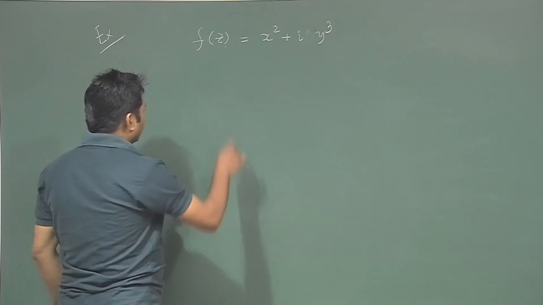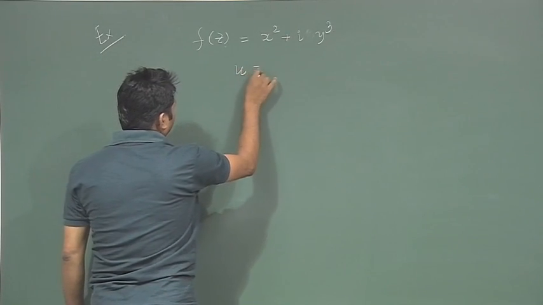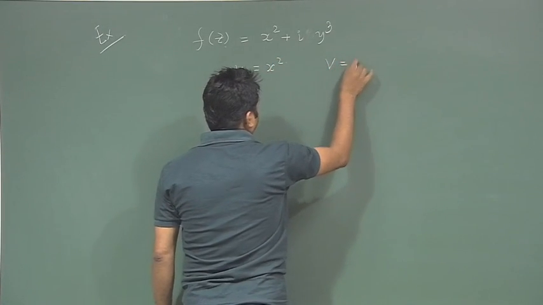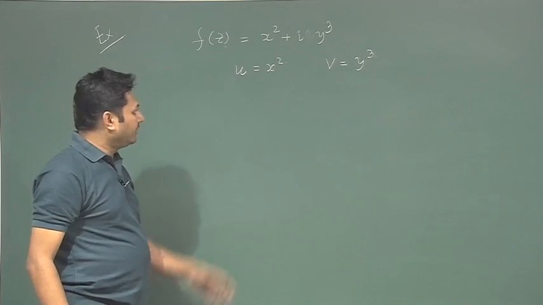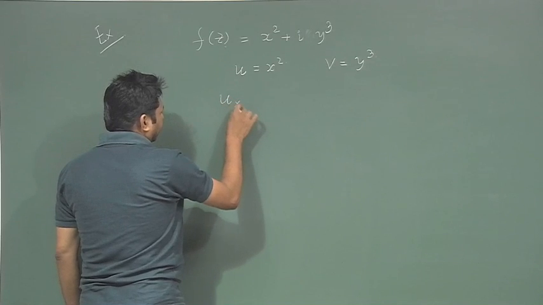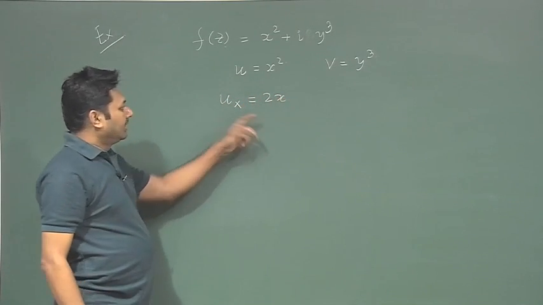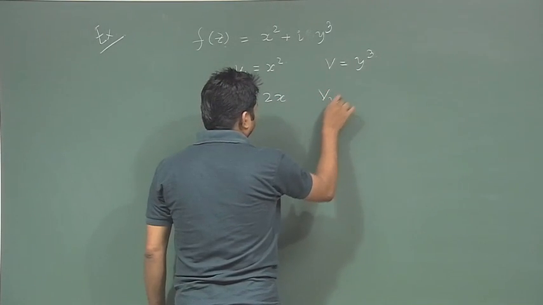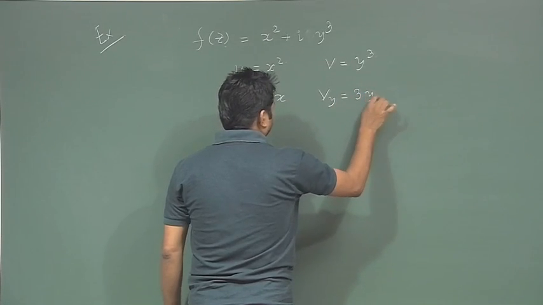Now, the standard procedure to find whether a function is analytic or not. Here u is x square and v is y square. This kind of example we also did in the last class, but let me do it once again. So u x is 2x and v y is 3y square.